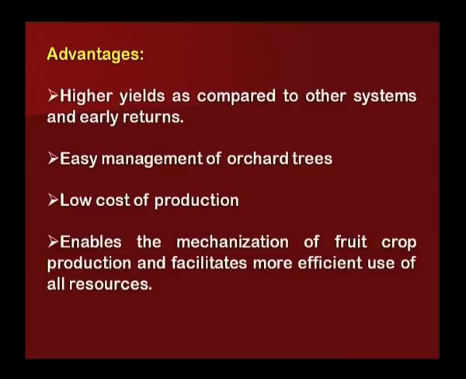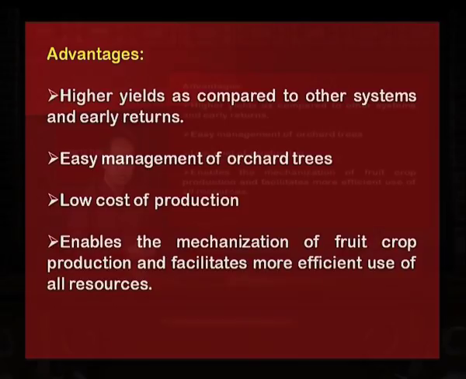Advantages: higher yields as compared to other systems and early returns, easy management of orchard trees, low cost of production, enables the mechanization of fruit crop production and facilitates more efficient use of all resources.